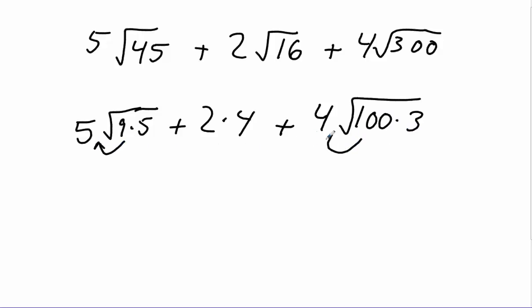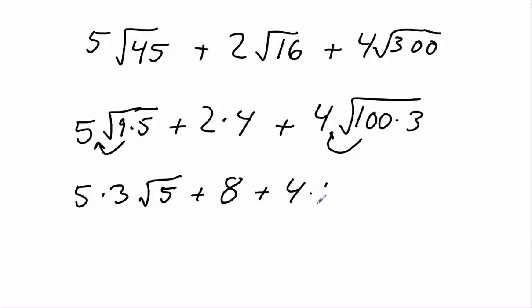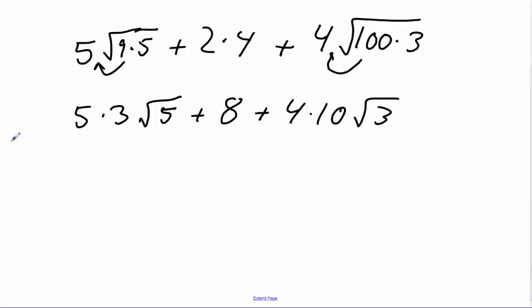I mean, pull out a 100. So this becomes 5 times 3 radical 5 plus 8, because 2 times 4 is 8, plus 4 times 10 radical 3.